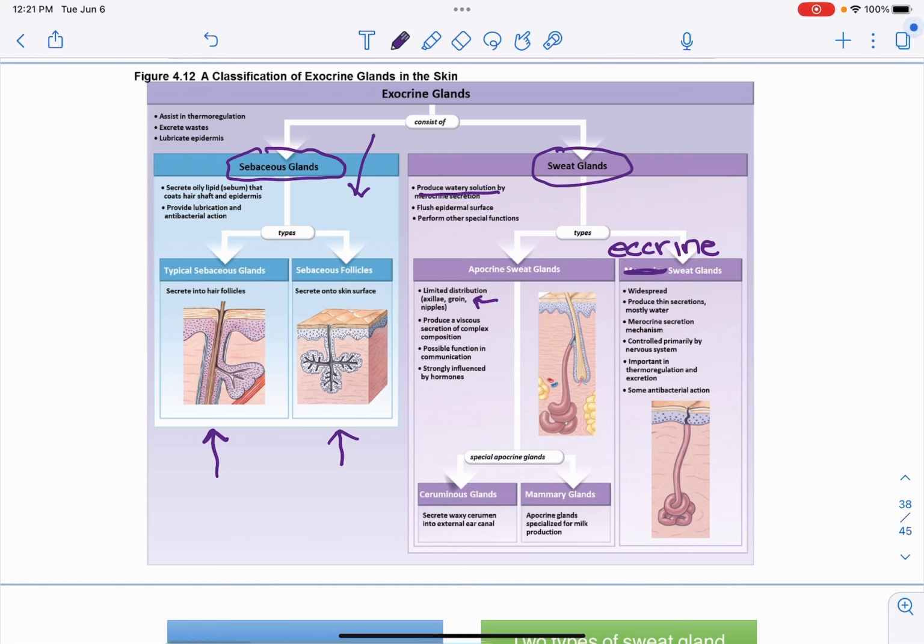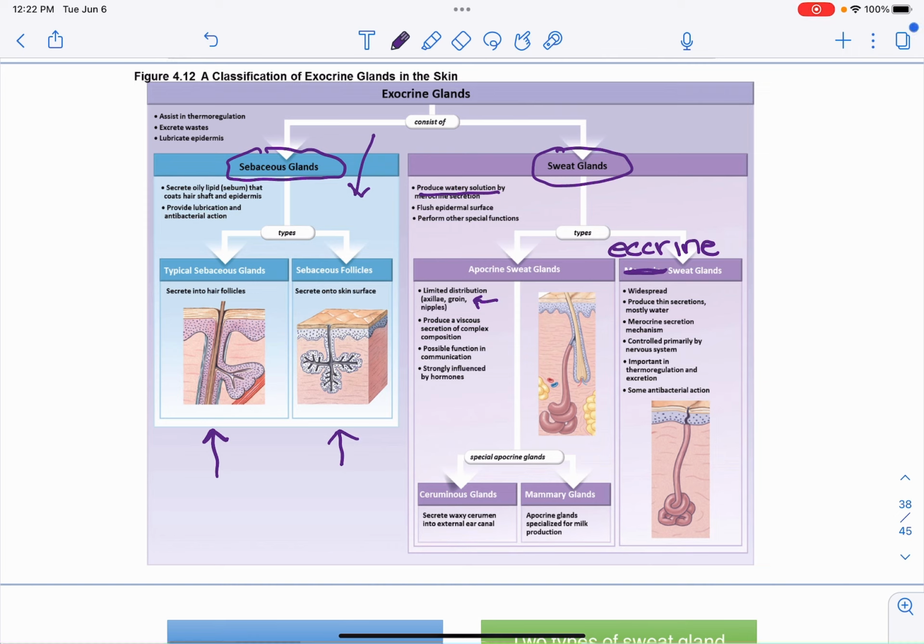And this is also the source of human pheromones. They also have an antibacterial effect, and this secretion contains more than just water.